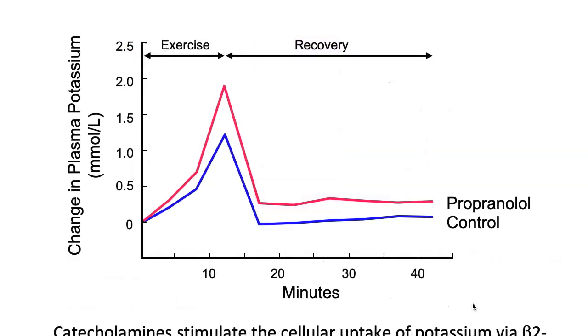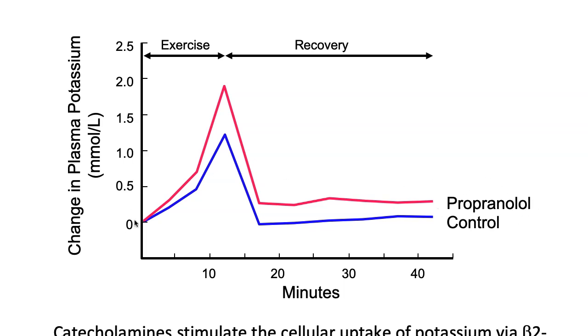Next, catecholamines. So epinephrine, whether we're giving a catecholamine or whether it's through exercise, catecholamines will stimulate potassium uptake into cells. Now, this graph is showing you basically the consequences of blocking that. What if we gave propranolol, a beta blocker?